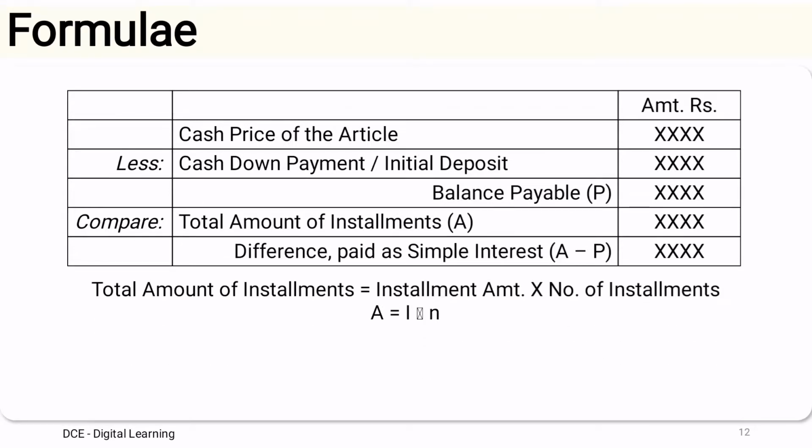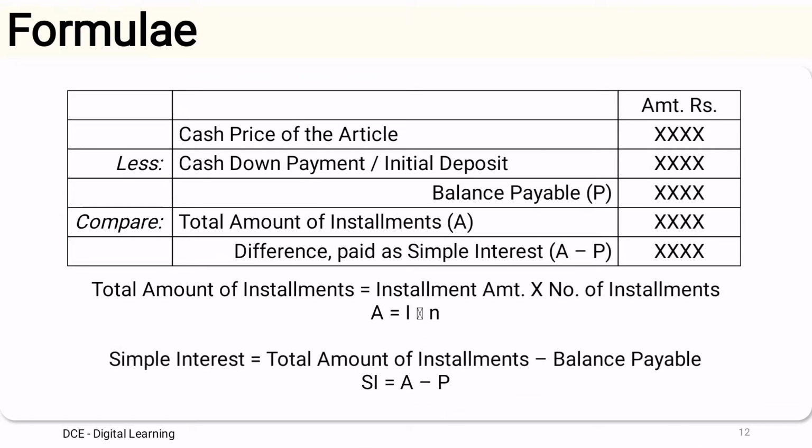So we need to prepare this simple interest table to compute the rate of simple interest. This table starts with the cash price of the article or asset bought on installment purchase. So cash price of the article less cash down payment or initial deposit has to be deducted.